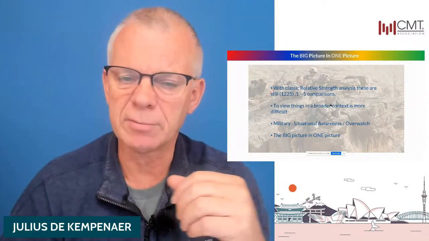Basically, they're providing the big picture in one picture, and that is what RRG also does. It provides you with the big picture of your investment landscape in one picture instead of having to flip through hundreds and hundreds of individual charts.